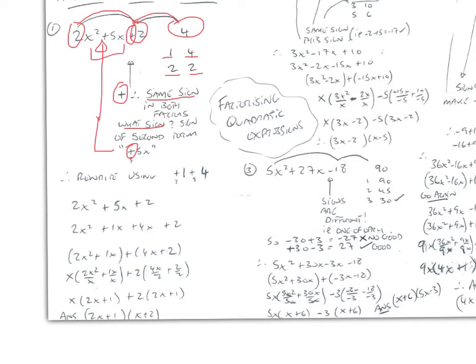We'll rewrite the whole term, but instead of writing plus 5x, we're going to make use of this plus 1 plus 4, because plus 1 plus 4 will give us plus 5. This is the factor pair we're going to go with, rather than the plus 2, because that only gives us 4. That's not 5, so that doesn't work.